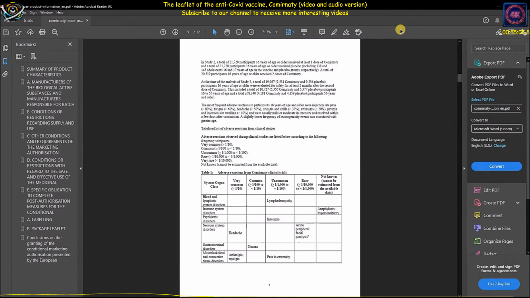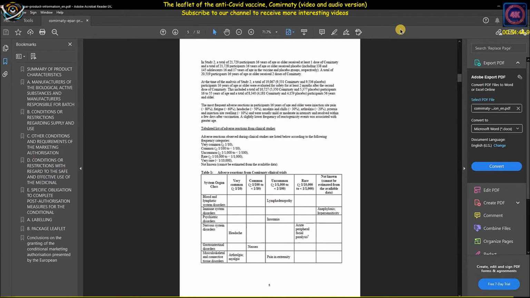Rare, greater than or equal to 1/10,000 and less than 1/1,000. Very rare, less than 1/10,000. Not known, cannot be estimated from the available data. Table 1, Adverse reactions from Comirnaty clinical trials.